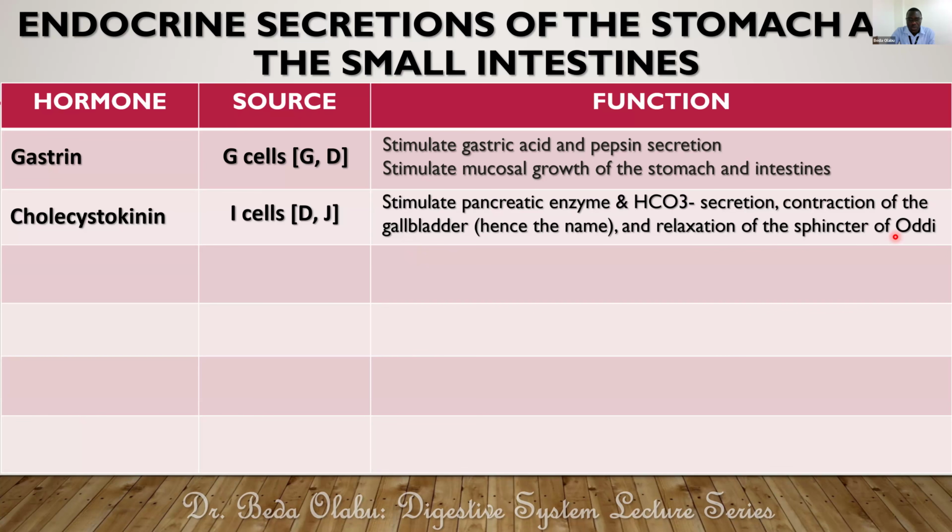Remember that the sphincter of Oddi controls release of substances from the main pancreatic duct as well as the common bile duct into D2, the second part of the duodenum. So it makes sense for this hormone to cause gallbladder contraction as well as relax the sphincter. So this is helping that function to be harmonious.